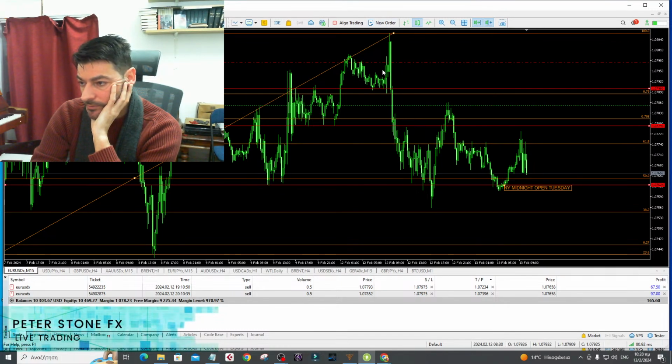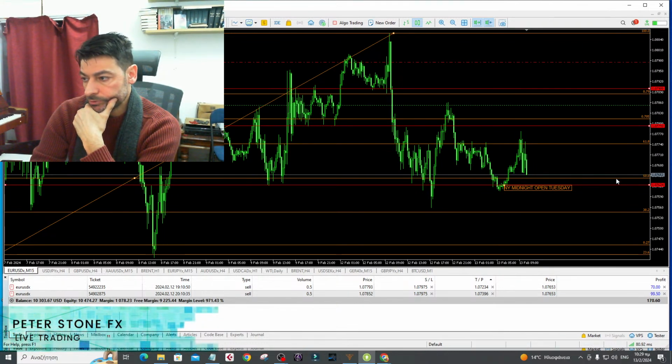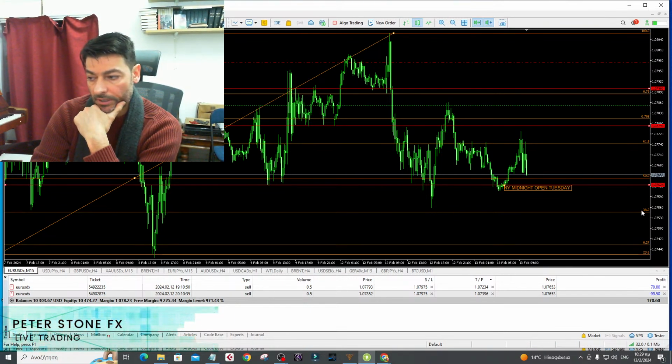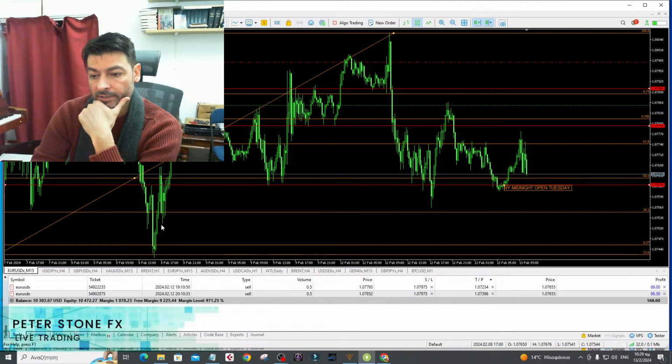This is the whole area of work. So we are almost reaching the 50%, but you have here sell side liquidity also with the New York midnight open, sell side liquidity in the 38.2 level. And here you will see what will happen in this fair value gap.